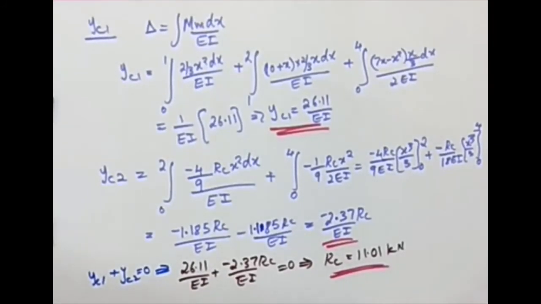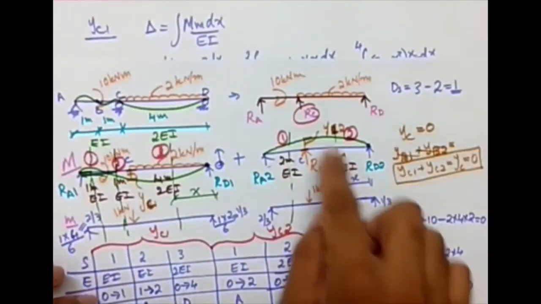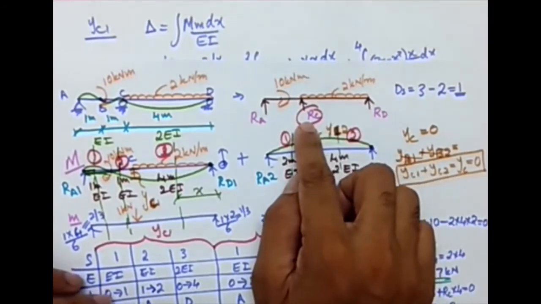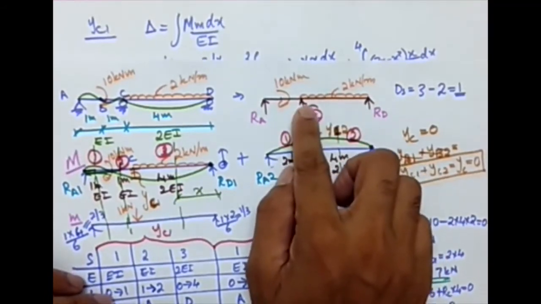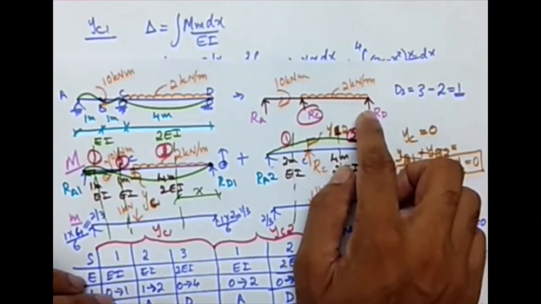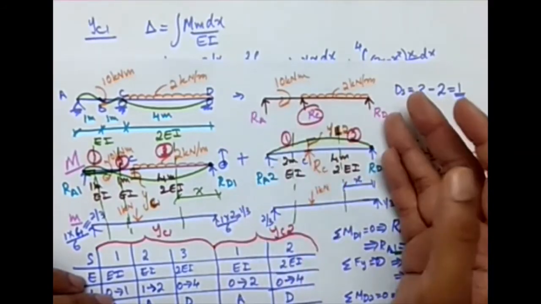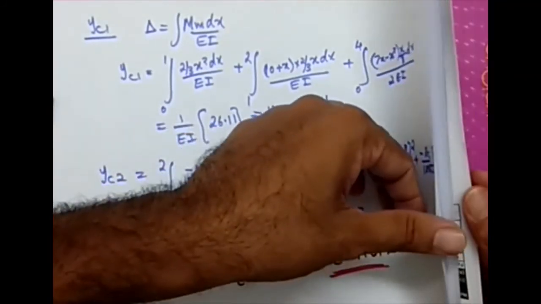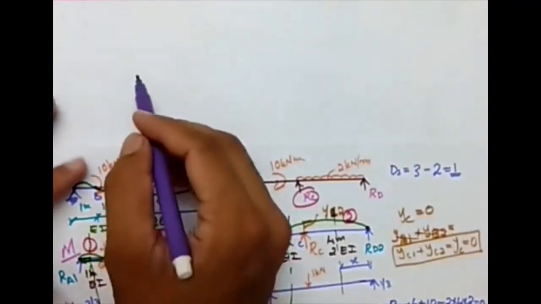Okay, so we have the value of Rc. Now what are the unknowns? Rc we got, Ra and Rd. So if we have the value of Rc, now this will be converted as a force, and it's the application of the concepts from engineering mechanics to get the solution. I will discuss it here because in the last lecture I left it for you. So let's try that. I'm plotting the beam.